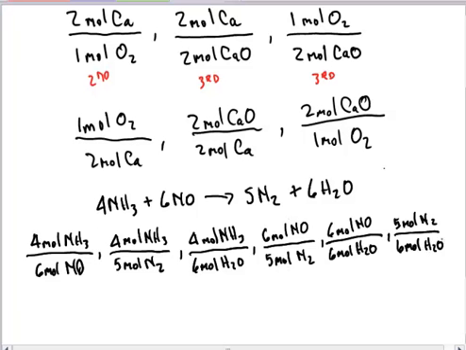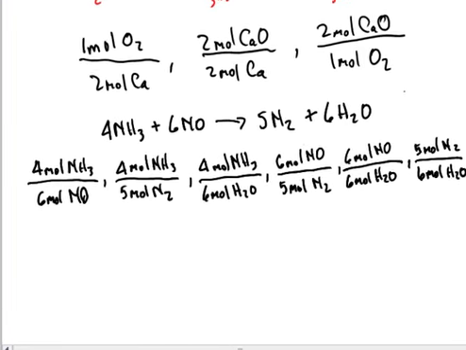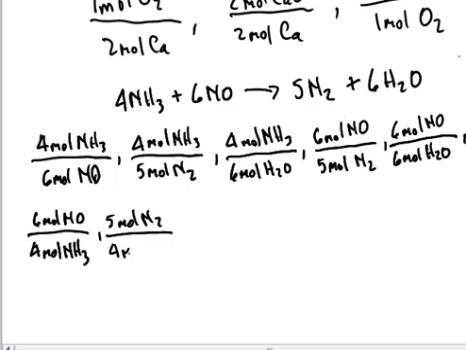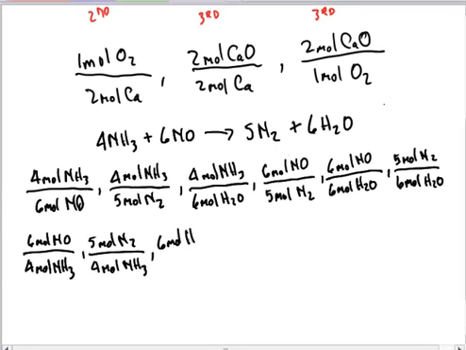All right, and so there's all my mole ratios that way, and then of course I have to flip them all over, and so flipping each of these over we get 6 moles NO to 4 moles NH3, 5 moles N2 to 4 moles NH3, 6 moles H2O to 4 moles NH3.